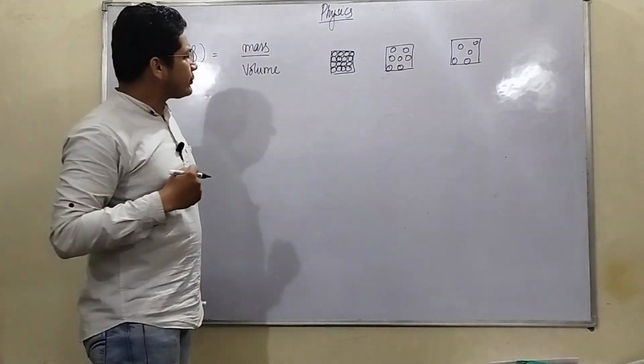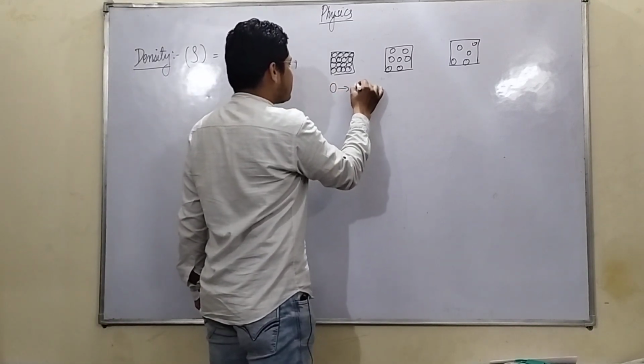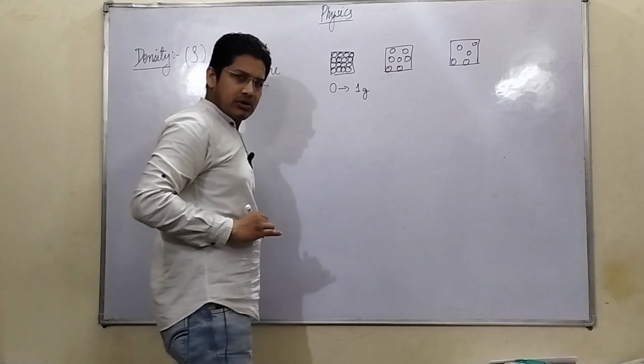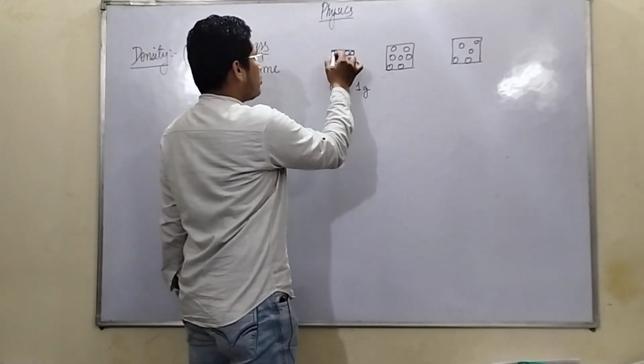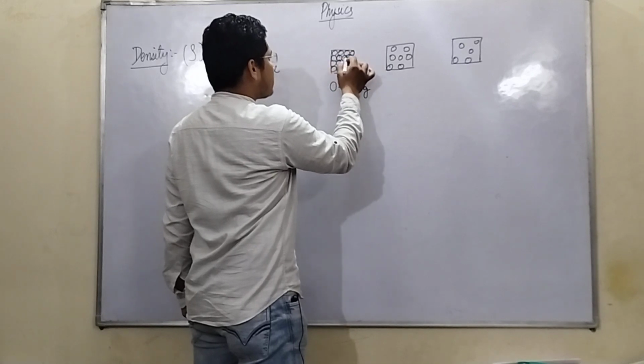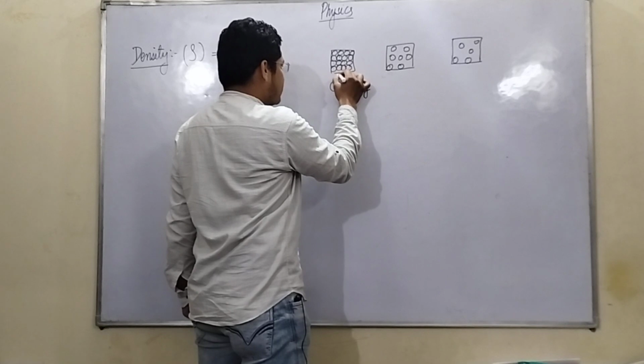If we assume that one ball's mass is approximately 1 gram, then in this the total mass will be 16 gram.